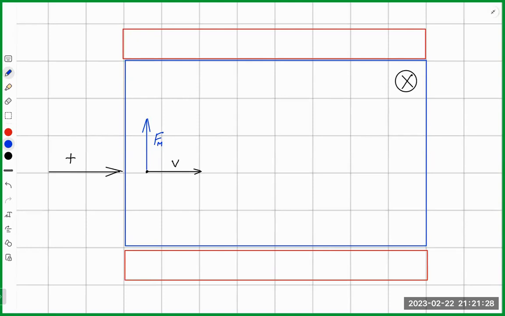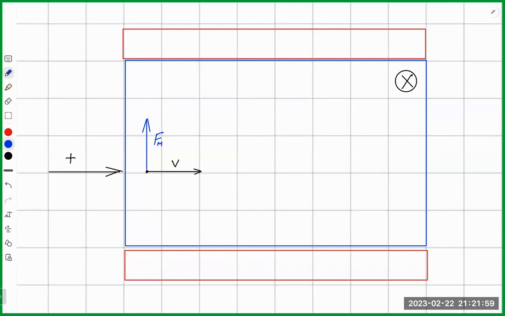Now I have to induce an electric field using the top and the bottom plate, which will counter the force that is acting on this charged particle. So, can you help? Which plate should be positive and which plate should be negative, so that these two can cancel the effect of magnetic force over here?